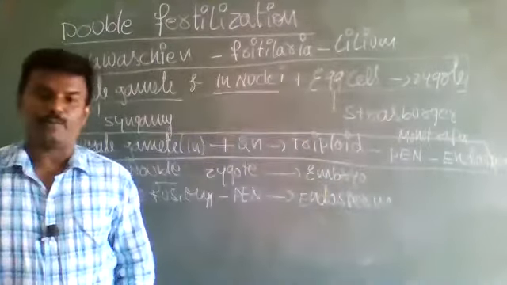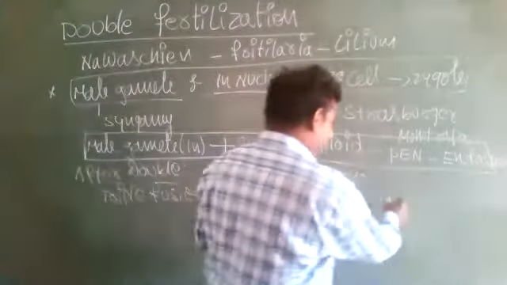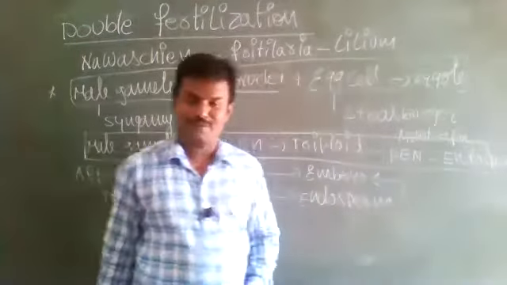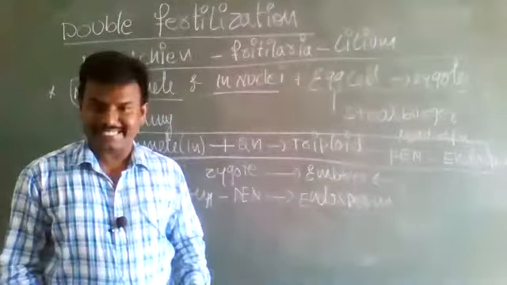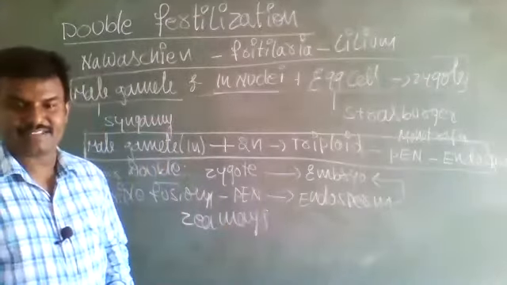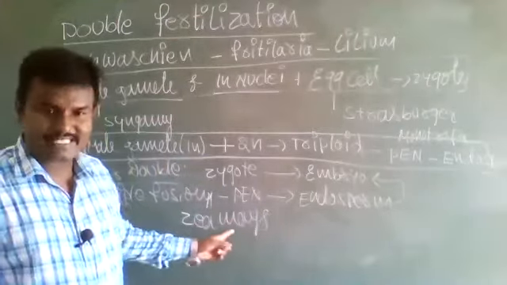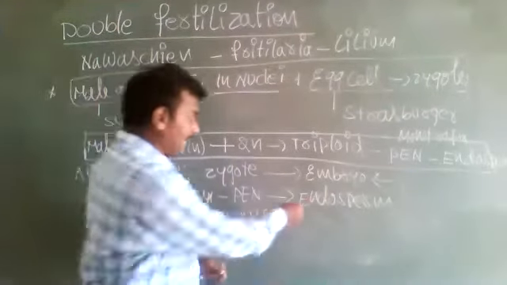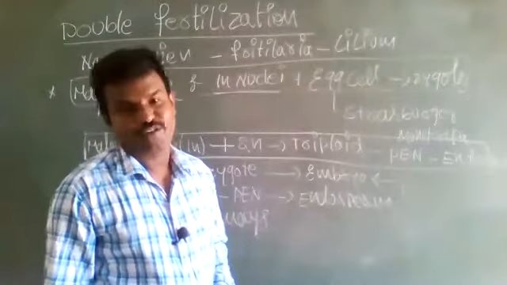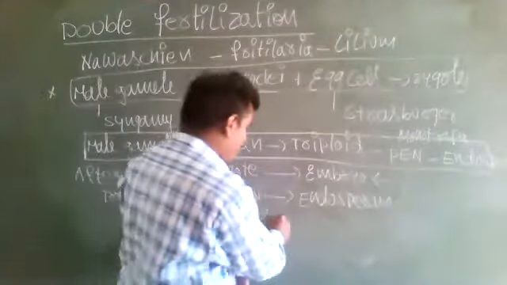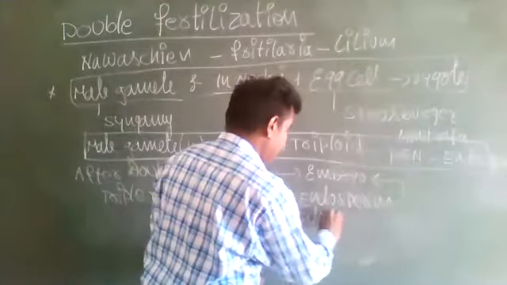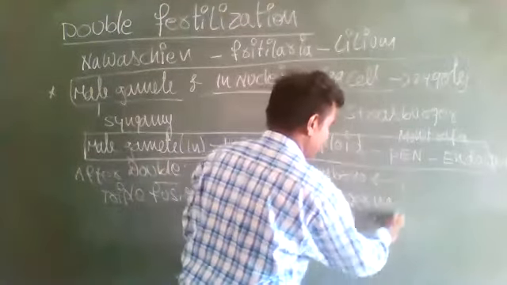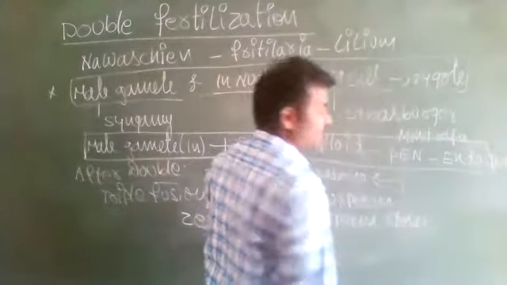This endosperm provides nourishment to the developing embryo. In some of the seeds, such as grains, that is, monocot seeds, the endosperm stores the food material.